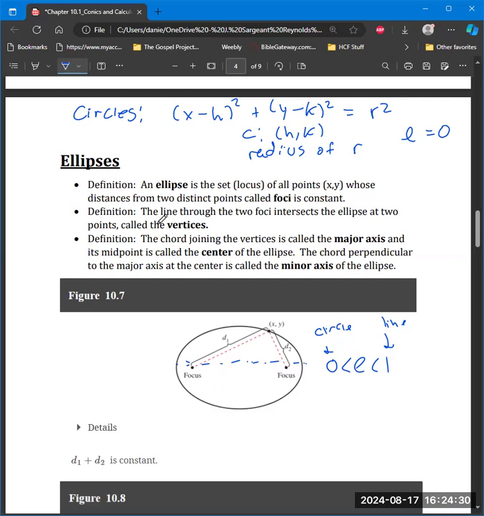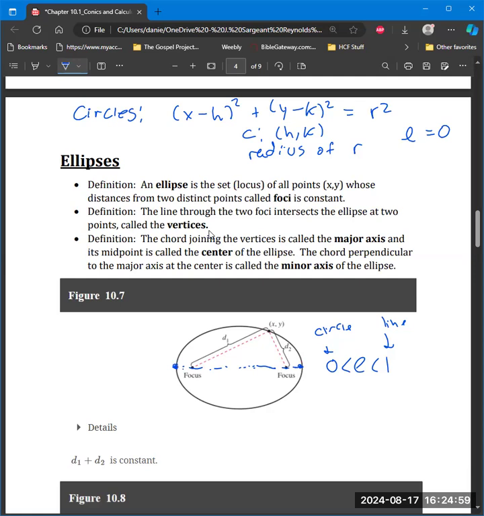All right, so the line through the two foci intersects the ellipse at 2 points called the vertices. So I tried to draw that here, but the vertices are actually going to be on the trace of the ellipse there.